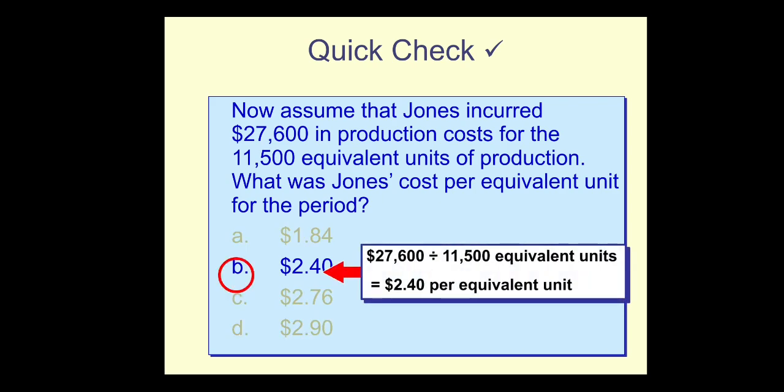The cost per equivalent unit is the total cost for the accounting period divided by the equivalent units for that accounting period. So 27,600 divided by 11,500 equivalent units equals $2.40 per equivalent unit.